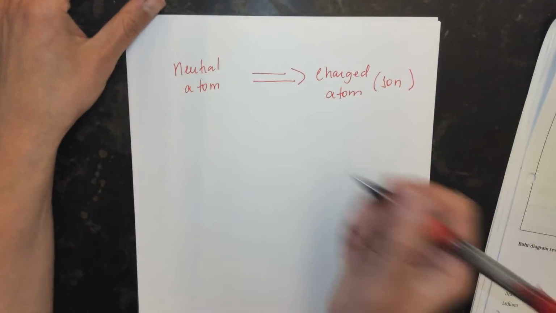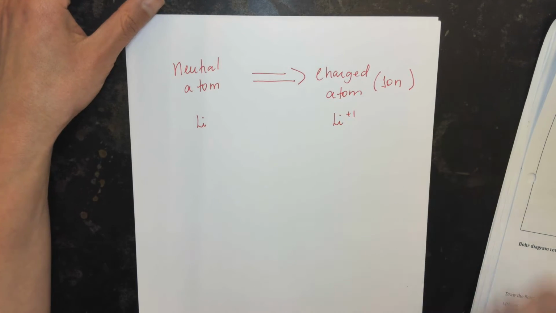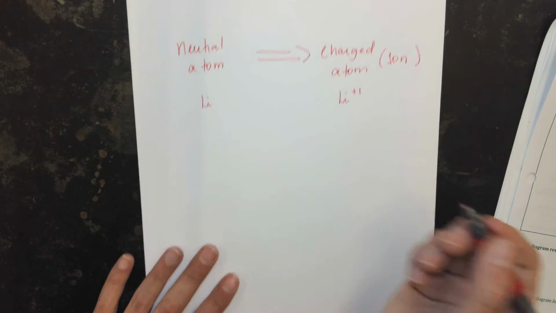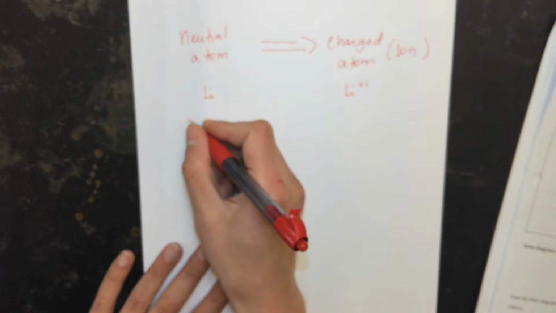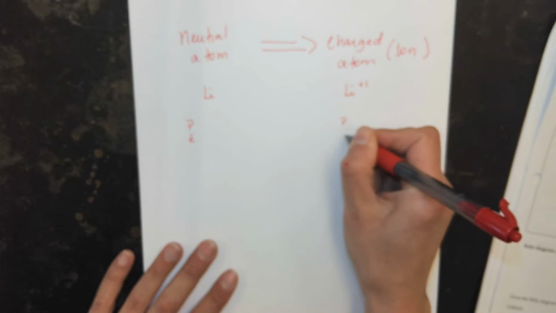Same thing as a charged atom. Okay. And since we're talking about lithium, let's use lithium as an example. So you have here lithium, and then lithium plus 1. When we look at protons, neutrons are not really relevant here, so let's just talk about protons and electrons, and then we talk about protons and electrons here.